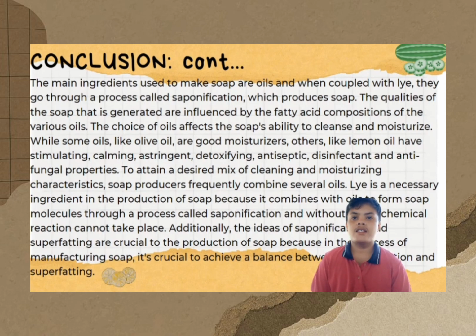Lye is a necessary ingredient in the production of soap because it combines with oils to form soap molecules through a process called saponification, and without it, this chemical reaction cannot take place.